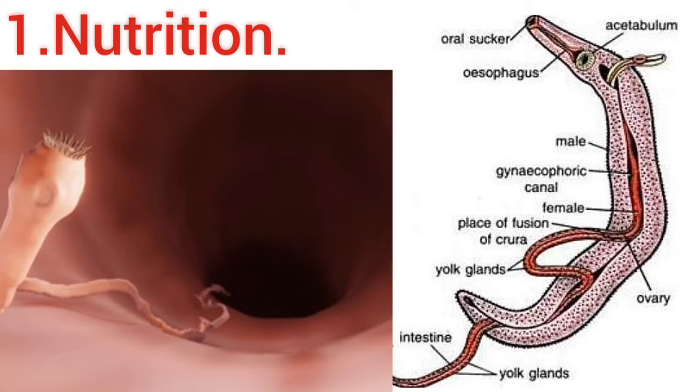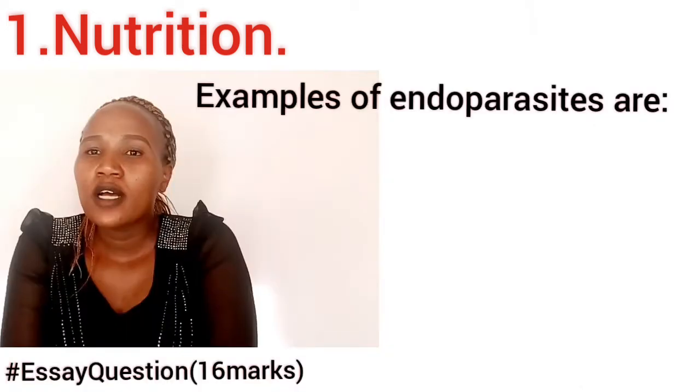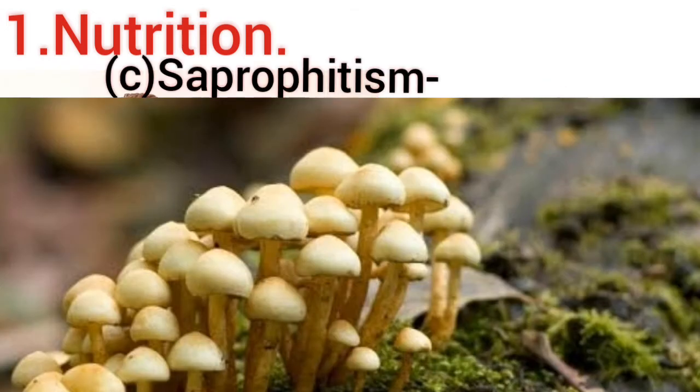Another category of organisms that are heterotrophs acquire their food material through a process of saprophytism. Saprophytism is the process by which organisms acquire food material from dead decaying matter.